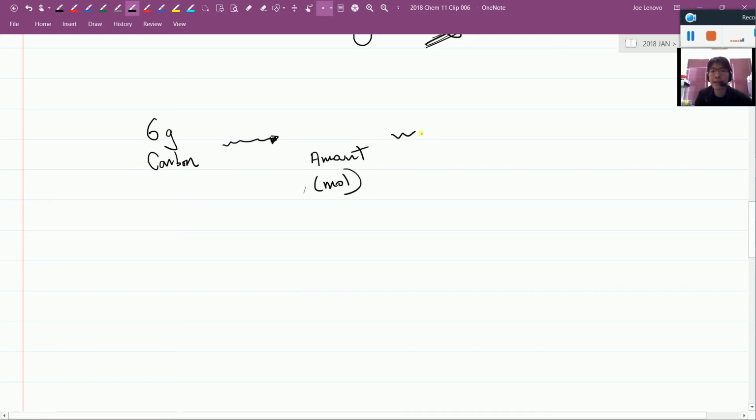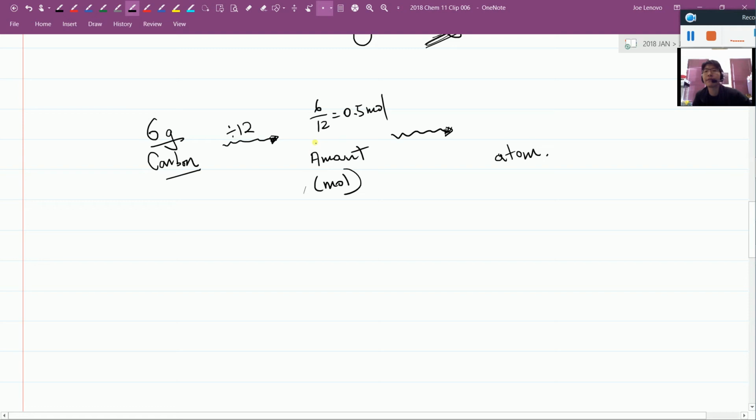But the amount in terms of mole, you can also convert into the actual number of atoms present. In between, we need some information. With 6 grams of carbon, how can I find the amount in mole? It would be divided by 12, because 12 grams is 1 mole, and 6 grams is just half of it. So 6 divided by 12 gives me 0.5 of a mole.